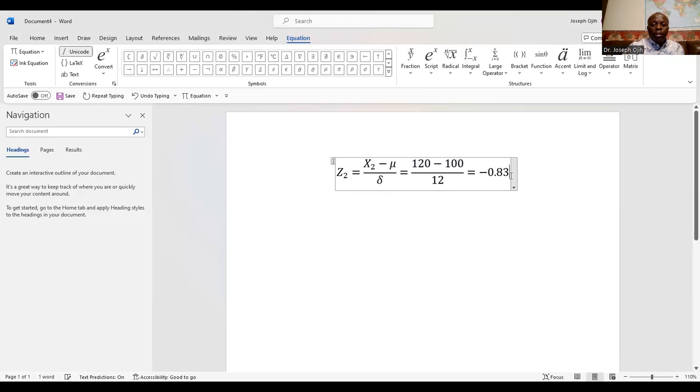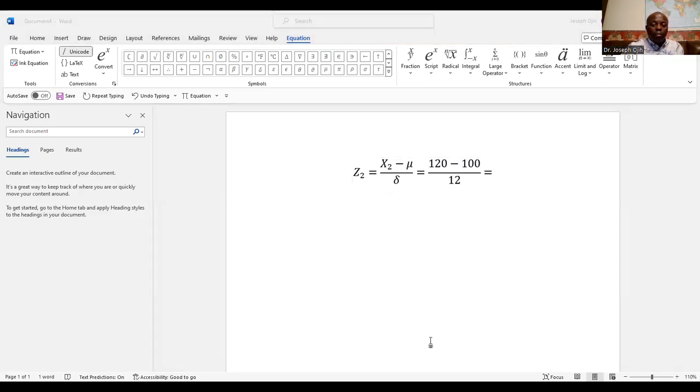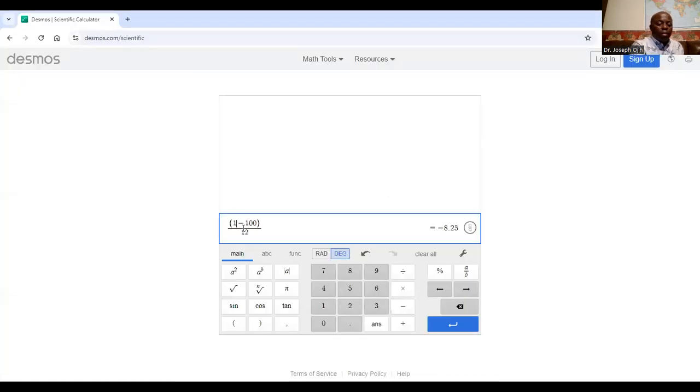So let's go and put it on the calculator, see what it will give us. So 120 is 1.67. We have 1.67.